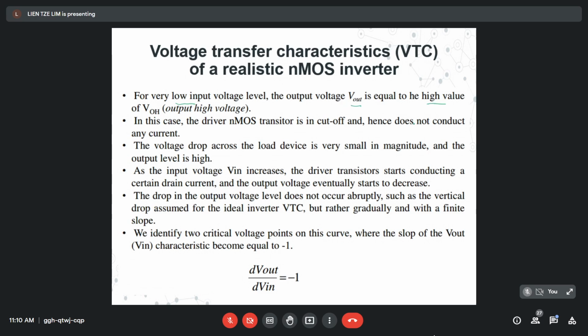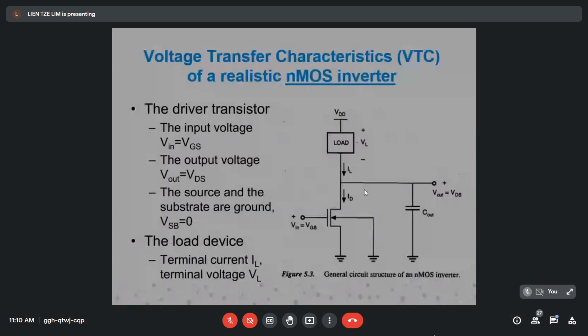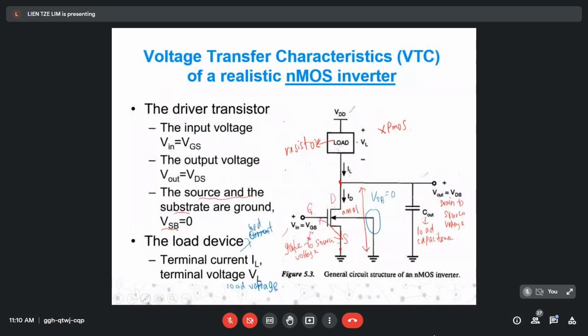So when the input to the NMOS is low, it means that the NMOS is in cutoff, and then no current is conducted. It means I need to use this circuit again.